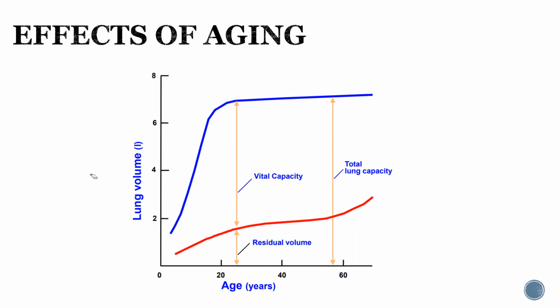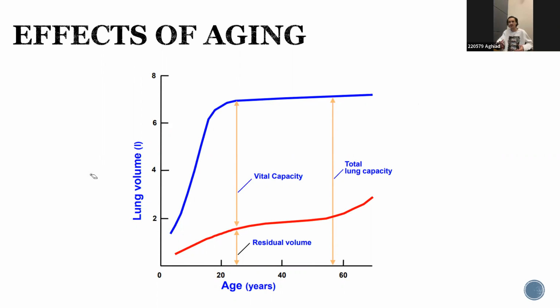But as you get older, the residual volume increases, but the vital capacity decreases. Total lung capacity stays the same. It's just the vital capacity and residual volume that change. And what increases and what decreases? The residual volume increases, but vital capacity decreases. Perfect.